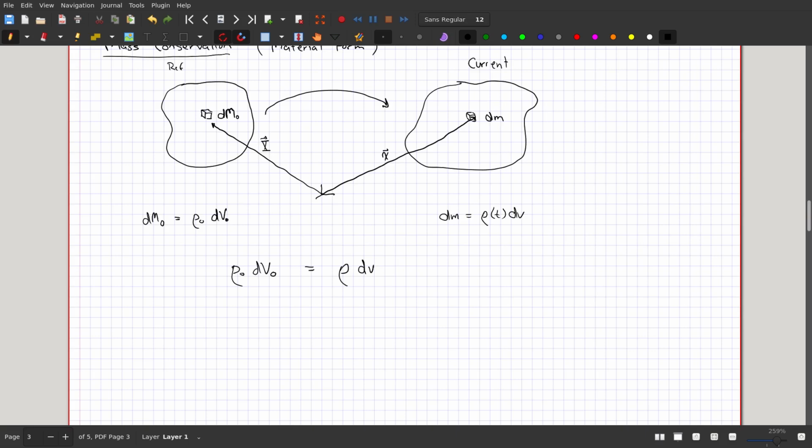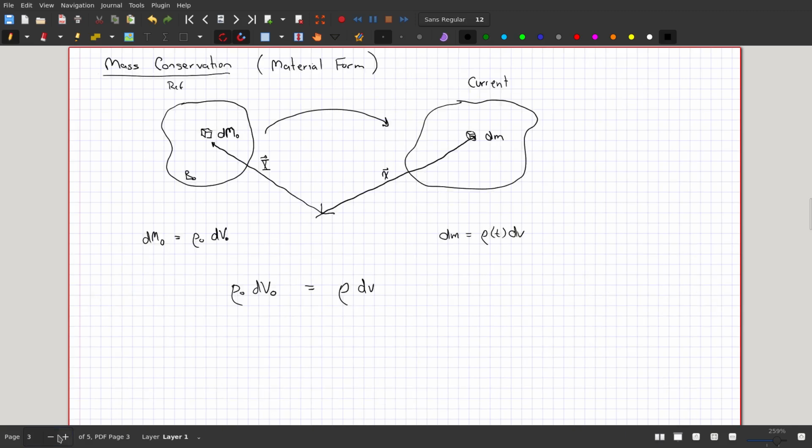That was for that little differential mass. But if we wanted a statement that tracked the entire body from the reference to the current configuration, a more common symbol would be omega, which just means the total body and the total volume of the body in the reference and current configuration.